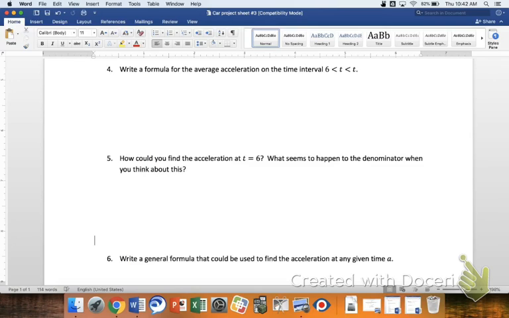If I want acceleration, I want to know the change in velocity or change in speed over change in time. Let's try to get even more specific. So average acceleration would be change in velocity or speed, because in this case it was the same thing, over change in time.